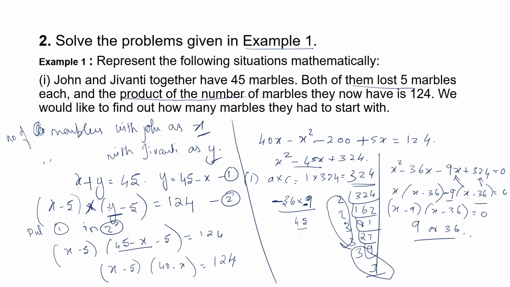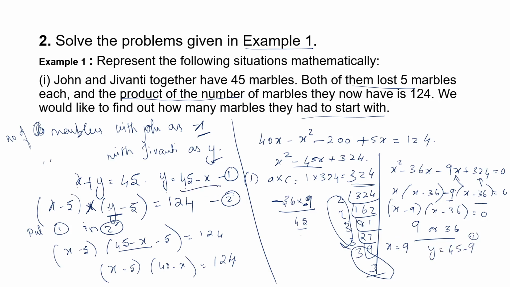9 or 36. What is the question? How many marbles they had to start with? So we have found the x value as 9 or 36. So what will be the value of y when x is equal to 9? Y is equal to 45 minus 9. This is from equation 1.